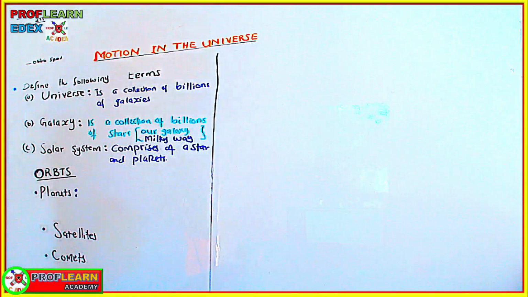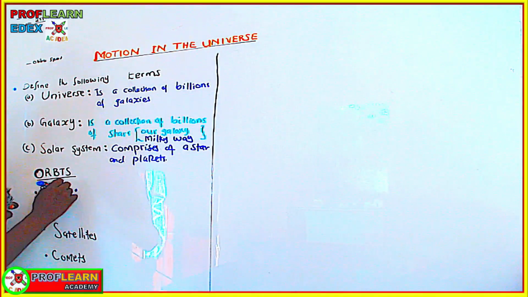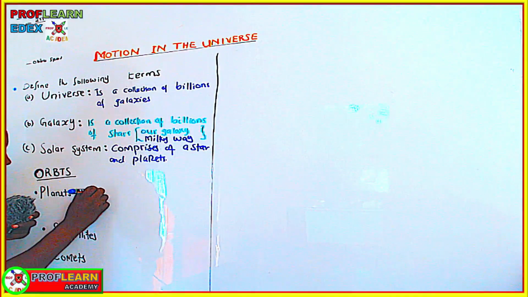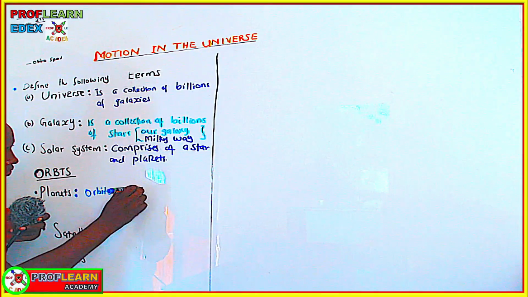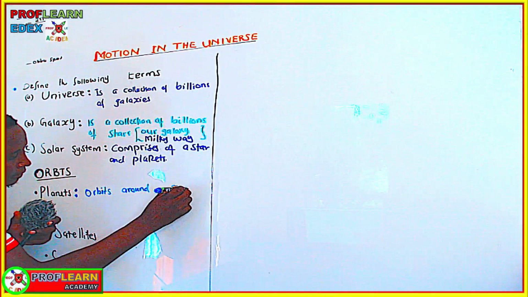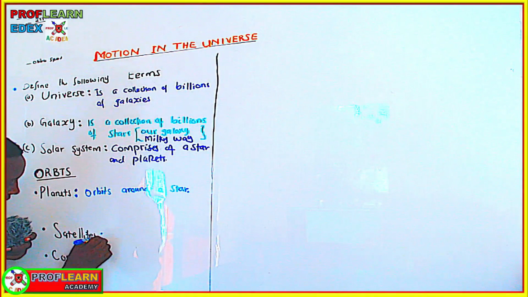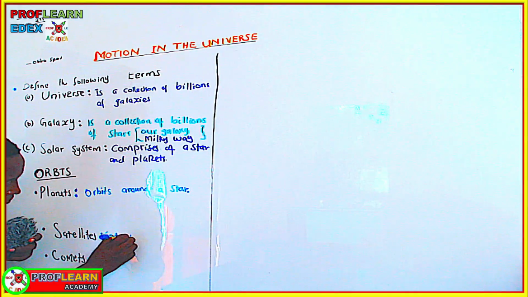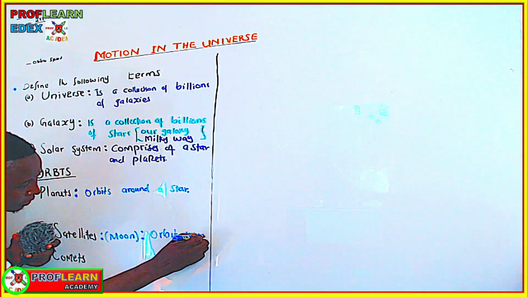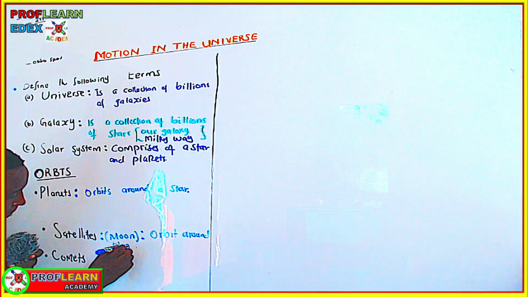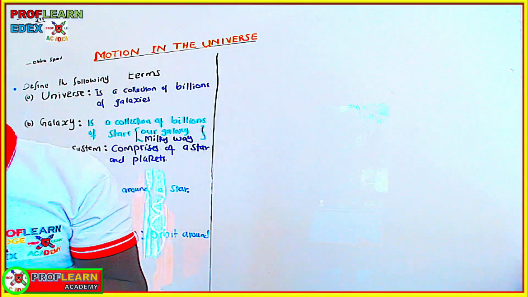Planets orbit around a star, but satellites such as the moon orbit around a planet. That's very, very key for you to remember.